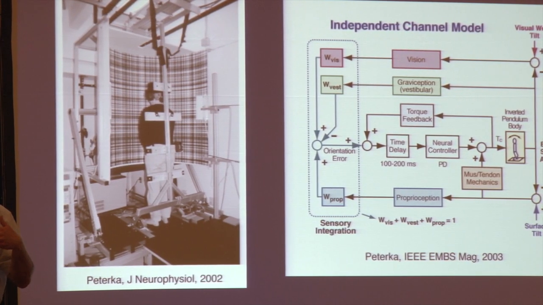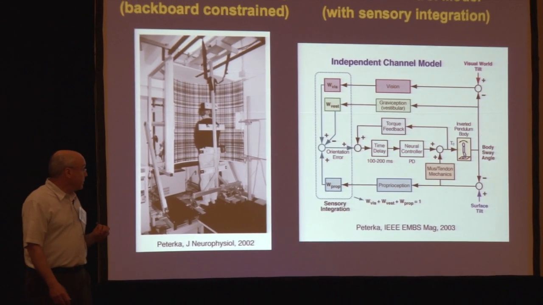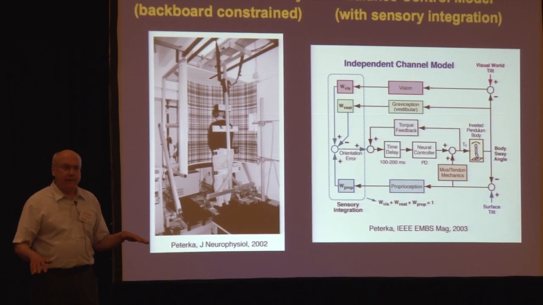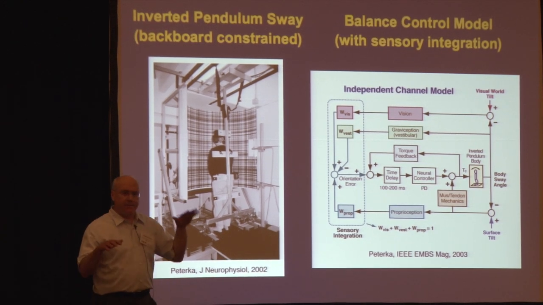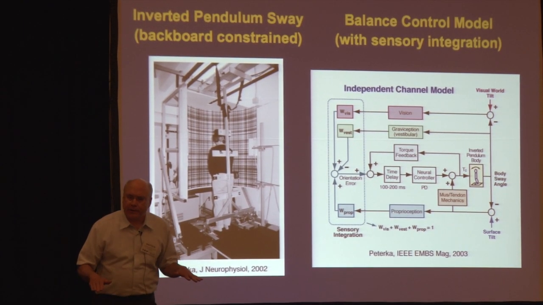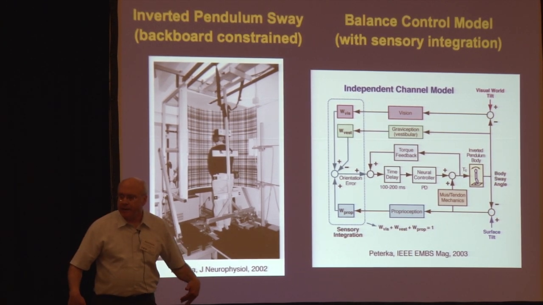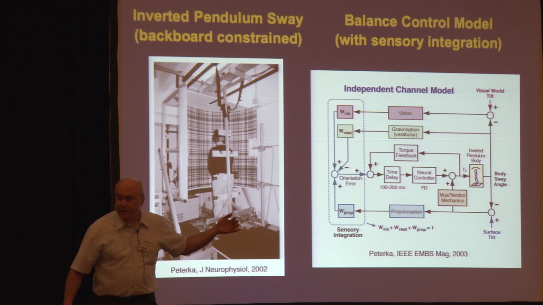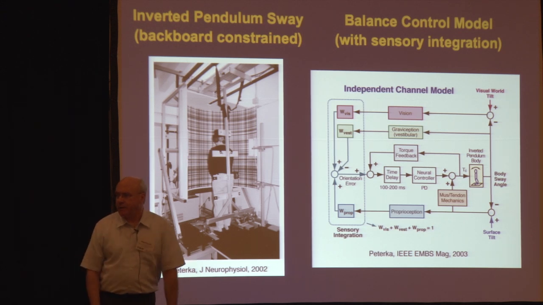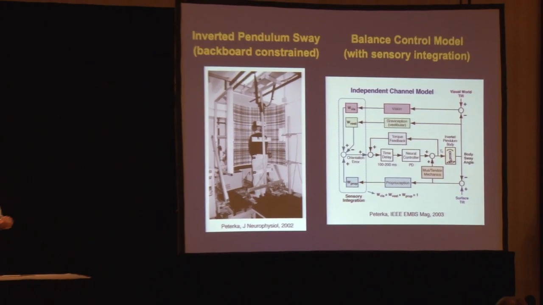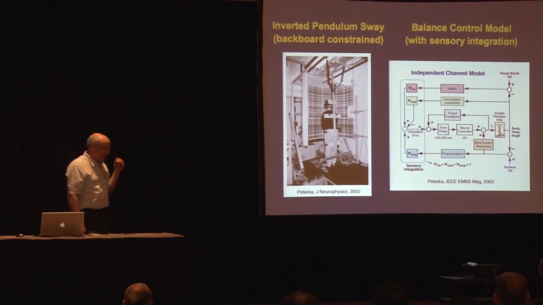What it accounts for is very low frequency and slow corrections in balance, such that if the surface you're standing on tilts, you tend to orient to the surface, and if the surface remained tilting, you would remain oriented, except that you have this torque feedback, which senses you're exerting a lot of torque, and it's a positive feedback loop that slowly brings you back into an upright orientation. So functionally, that feedback loop is different from vision, graviception, and proprioception.